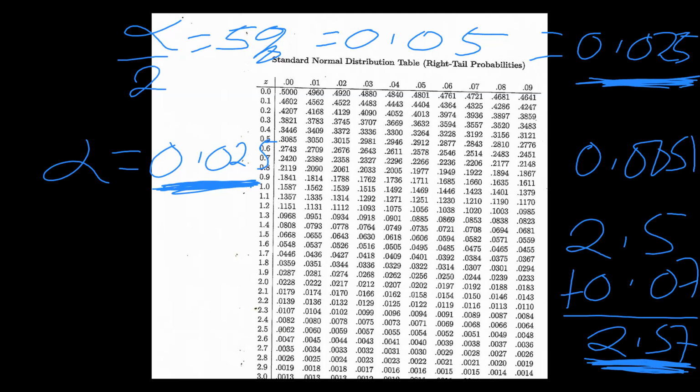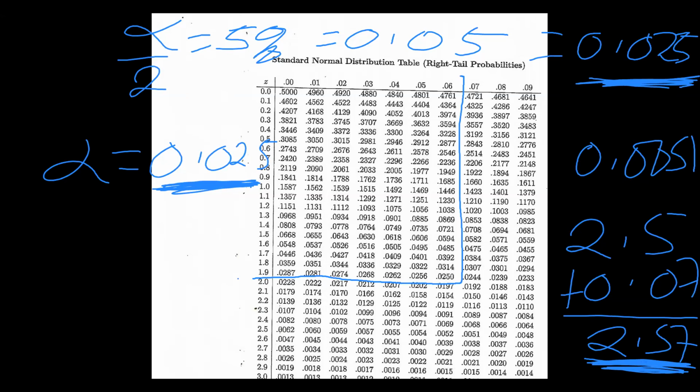We are looking for where there is 0.025. Where do you find that one? 1.9 and 0.06. Have you seen that? Yes, 1.9 and 0.06.